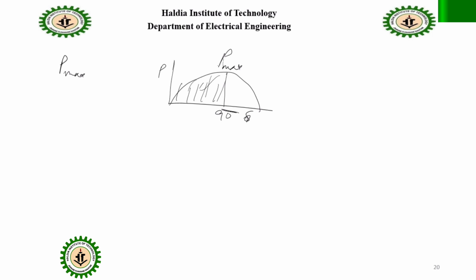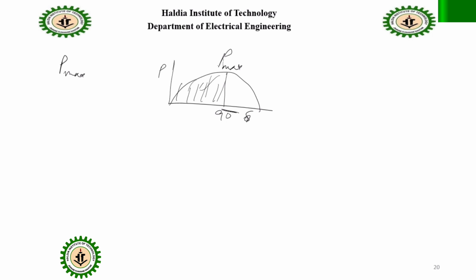So if at any time the power requirement is greater, then the system will be unstable. That means we can say if the power requirement is greater than the maximum power generation, then the system will be unstable.